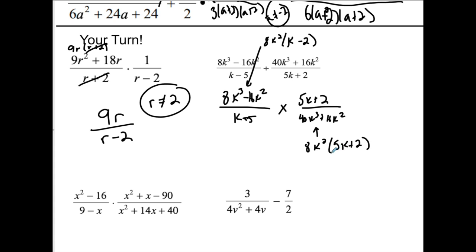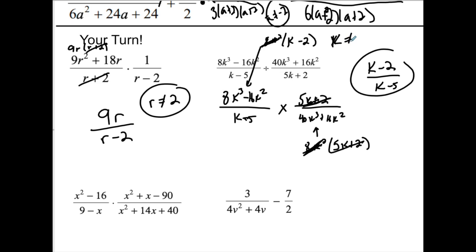So the 5k plus 2 and the 5k plus 2 are going to cancel. This 8k squared and this 8k squared are going to cancel. So all I'm left with is k minus 2 over k minus 5. Excluded values. K is not equal to 5. It's not equal to negative 2.5 because that will make this 0. And then when I flip it, there's that 0. So it can't be equal to 0 either.